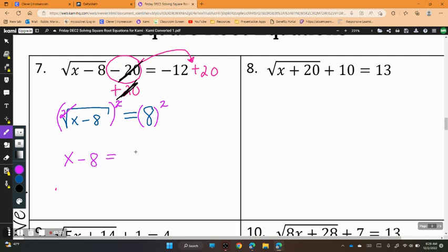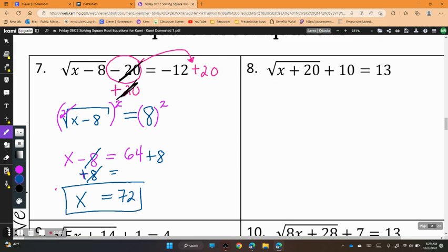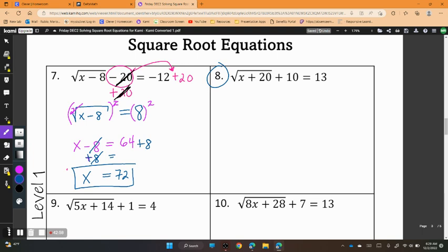And I'm left with x minus 8 equals 8 times 8, which is 64. Add 8 to both sides, so these two 8s cancel out. I bring down my x, bring down my equal, and I've got 64 plus 8, which is 72. Okay. If you want additional practice, you can work on number 8 on your own.